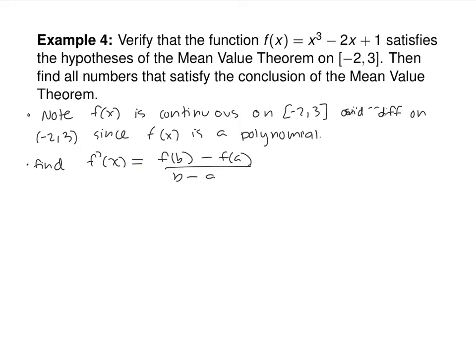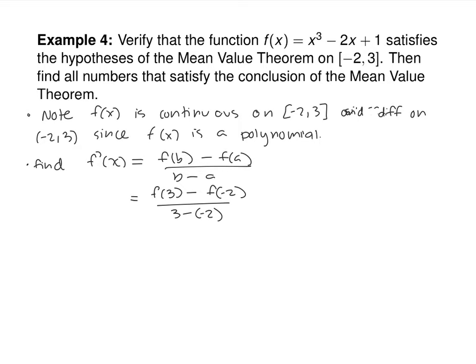Okay? So what goes in for a and b in this case? What goes in for b? 3. What goes in for a? -2. Yep. So f of 3 minus f of -2 over 3 minus -2.